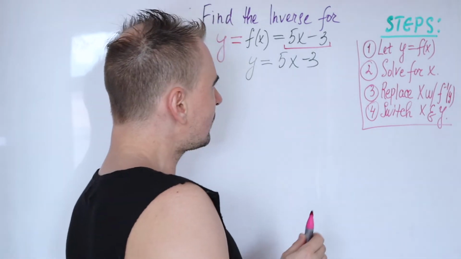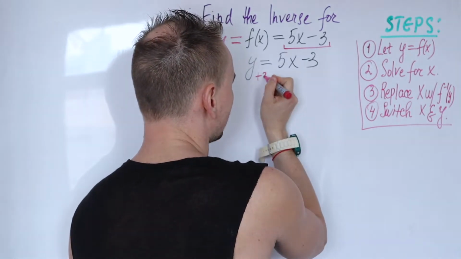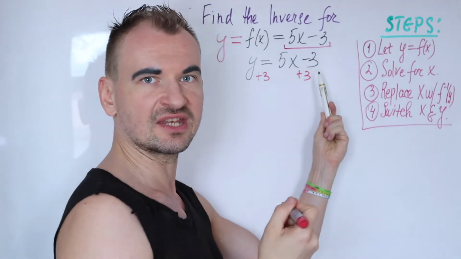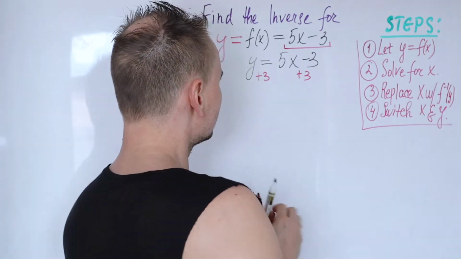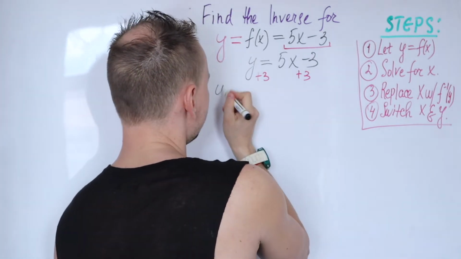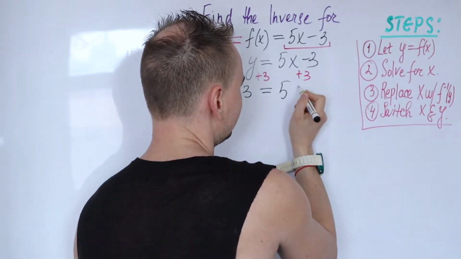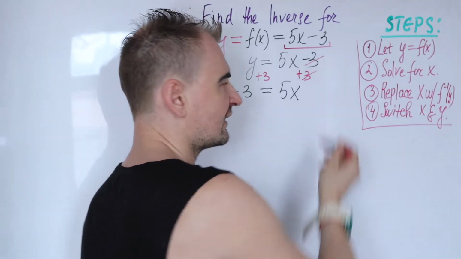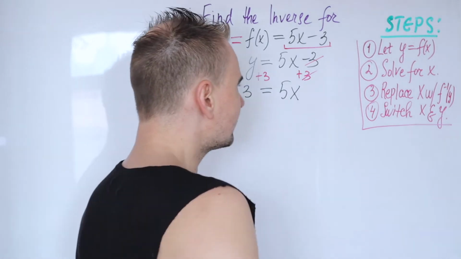In order to achieve this, you want to add 3 to both sides, since we have this negative 3 next to 5x. So you would be left with y plus 3 equals just 5x. Since this negative 3 and 3 go away, and you're aiming for x.